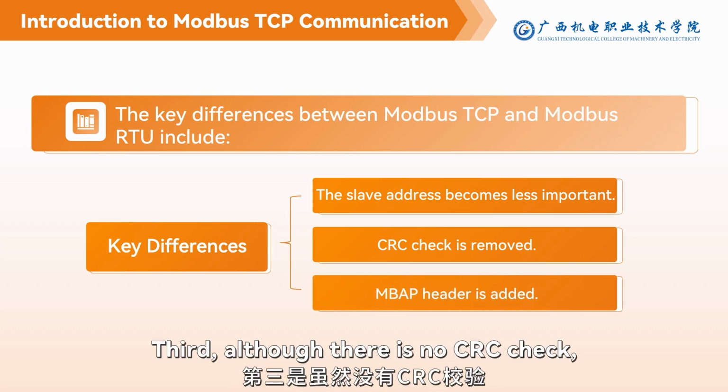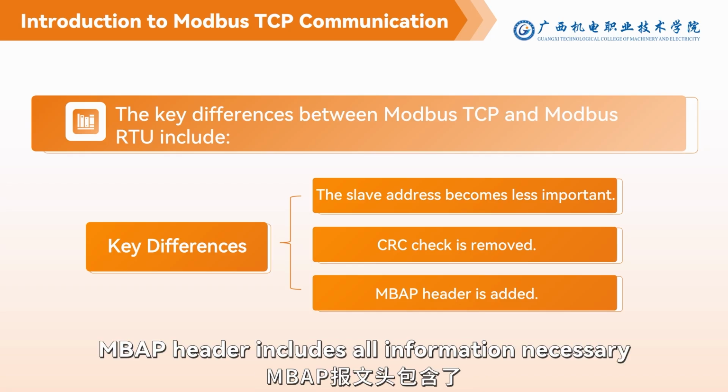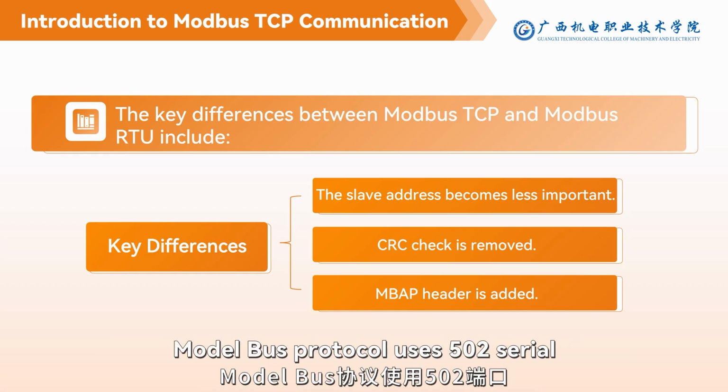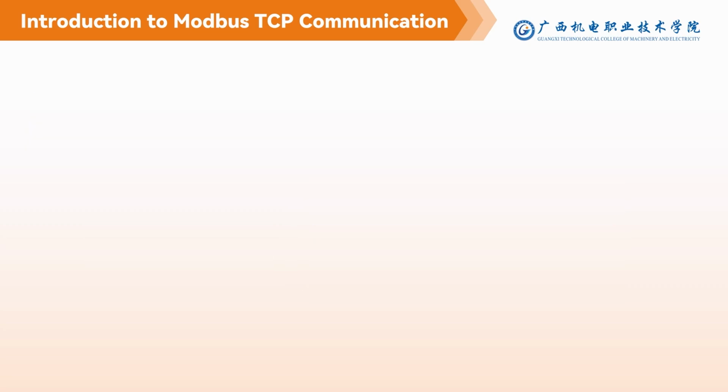Third, although there is no CRC check, an MBAP header is added. MBAP header includes all information necessary to route message to the target device address. Modbus protocol uses port 502 to perform TCP IP communication.